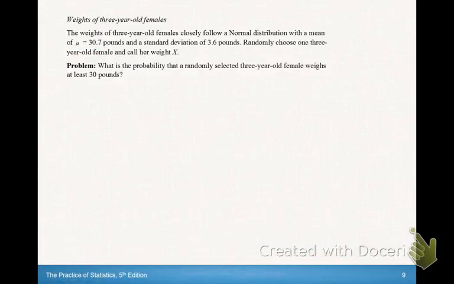Okay, so let's look at this example. The weights of 3-year-old females closely follow a normal distribution with a mean mu of 30.7 pounds and a standard deviation of 3.6 pounds. Randomly choose one 3-year-old female and call her weight X. What's the probability that a randomly selected 3-year-old female weighs at least 30 pounds?